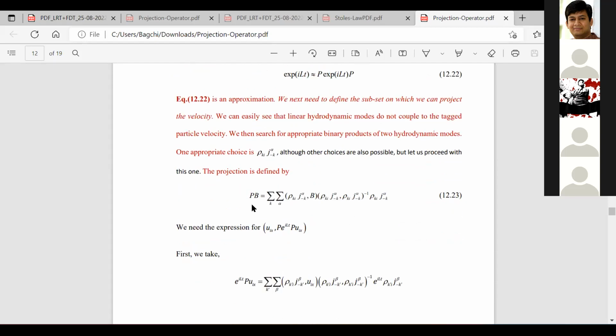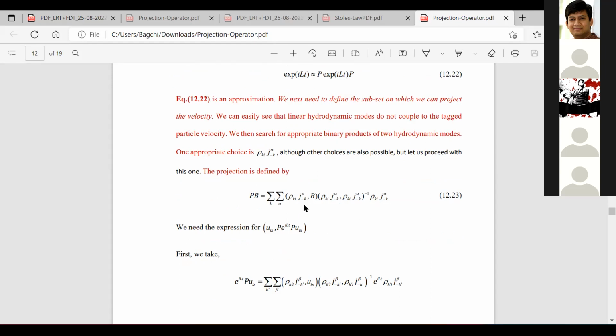PB is just the definition of the projection operator technique, that is, projecting B on A. So this is that figure I showed. This quantity is called the vertex. This is my A because I'm projecting B on A.